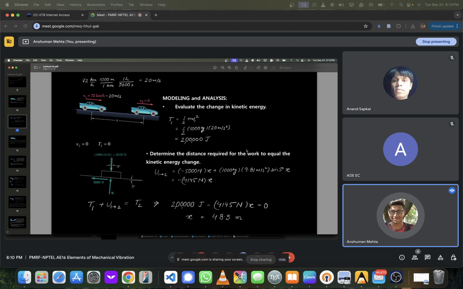So V1 is 72 km per hour. Let's quickly change the units. 72 km per hour means into 1000 meter by 1 kilometer, 1 hour by 3600 seconds. So this will be 20 meter per second.